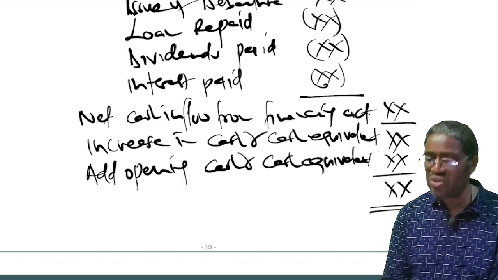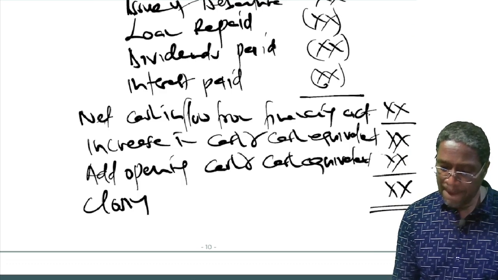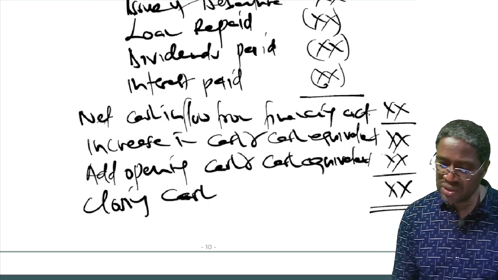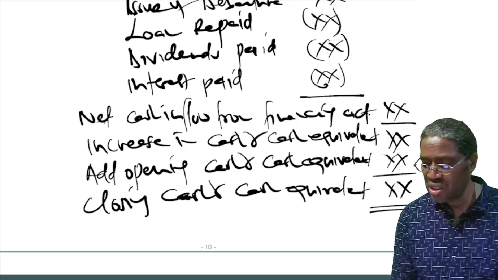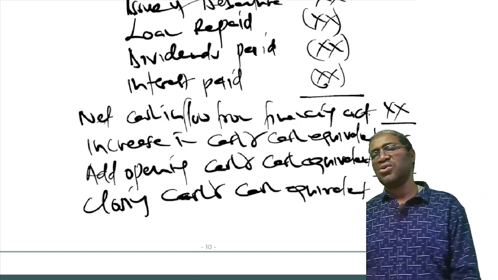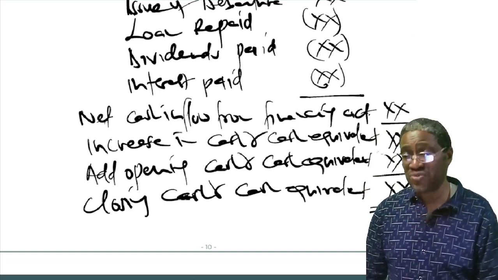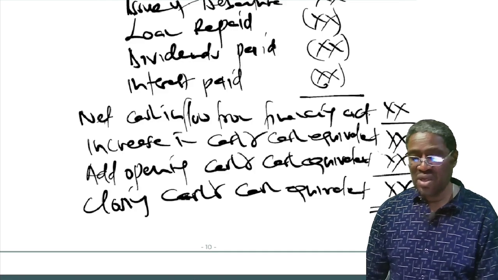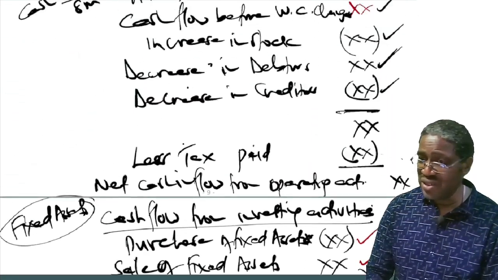Then get the totals. That total we call closing cash and cash equivalent. Good. I've shown you in general how we prepare a cash flow statement.